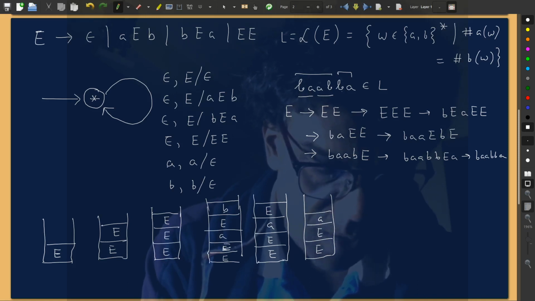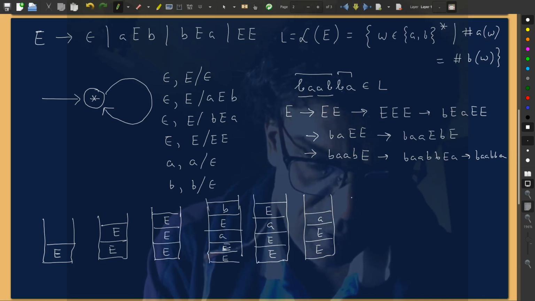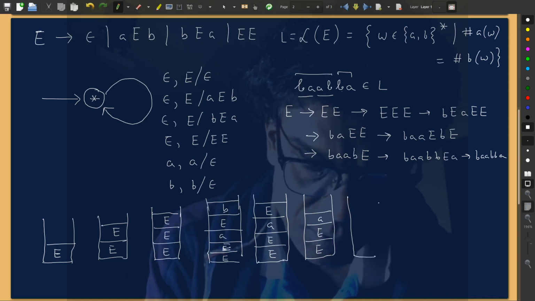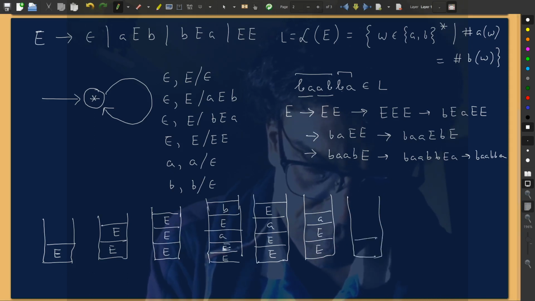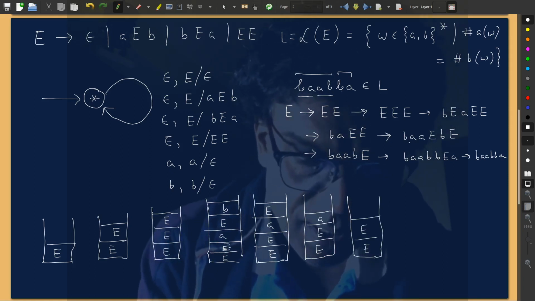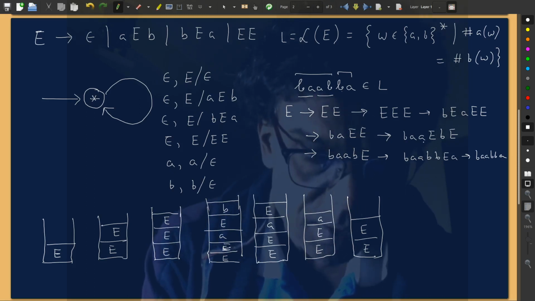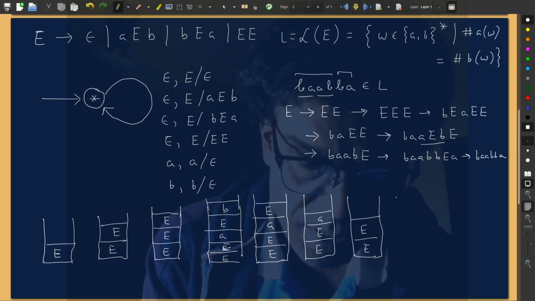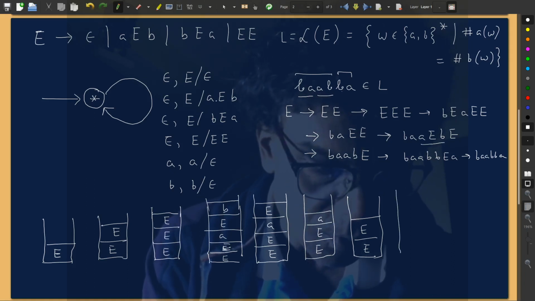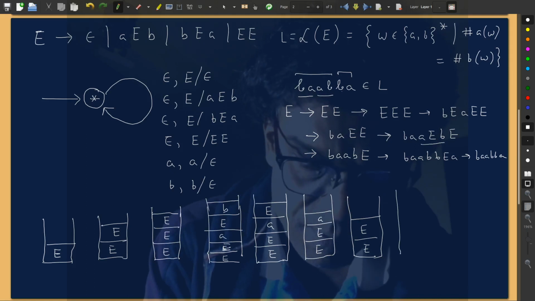Again I apply this rule A. Just consume A from the input and pop it from the top of the stack. So this now becomes EE. Then again I apply this rule, AEB. So I replace E by AEB.